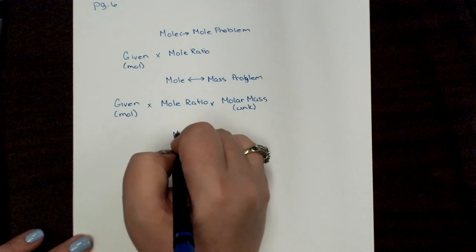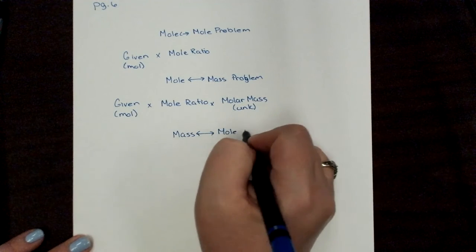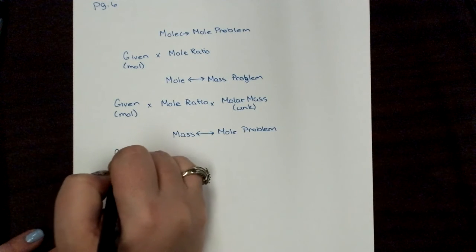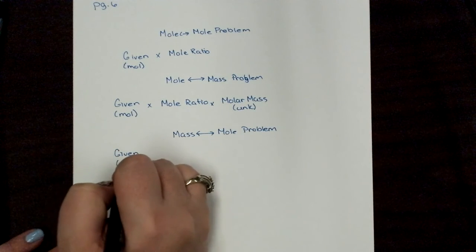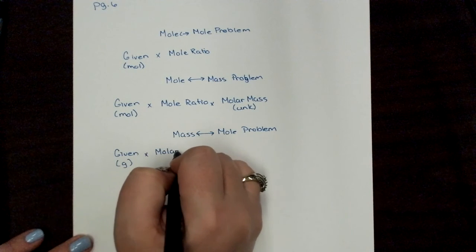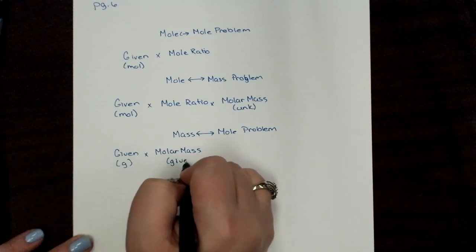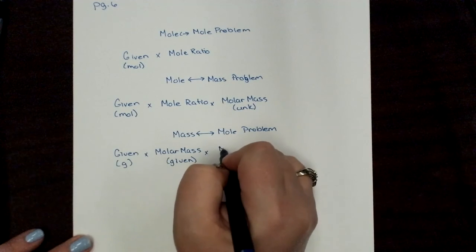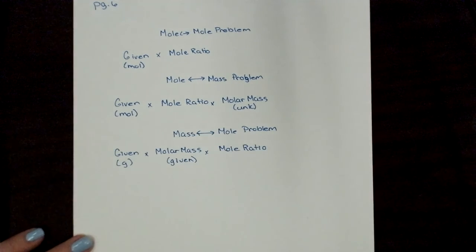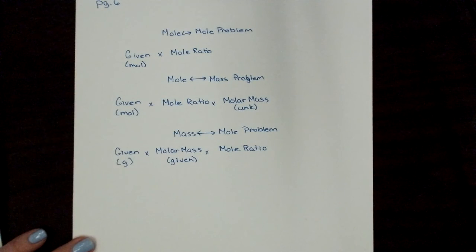If it is a mass to mole problem, your given will be in grams. So you do your molar mass of the given, and then you do the mole ratio. Okay? So that just kind of gives you a skeleton of how to work these out.